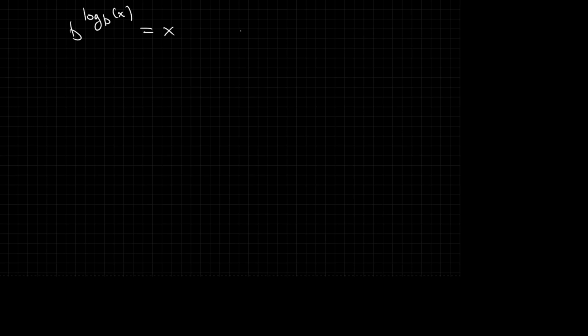And this is going to be true for all x in the domain of the inverse function log base b of x. And the domain of log base b of x is all the positive numbers. So this is going to be true for all x bigger than 0. This fact allows us to evaluate compositions of exponentials and logarithms very quickly.